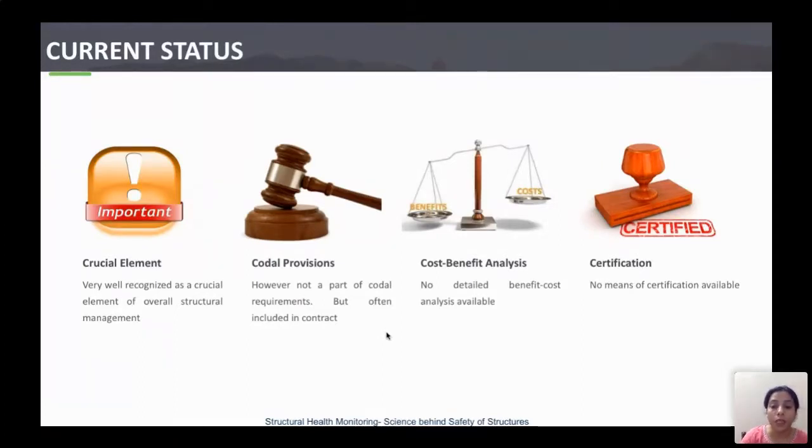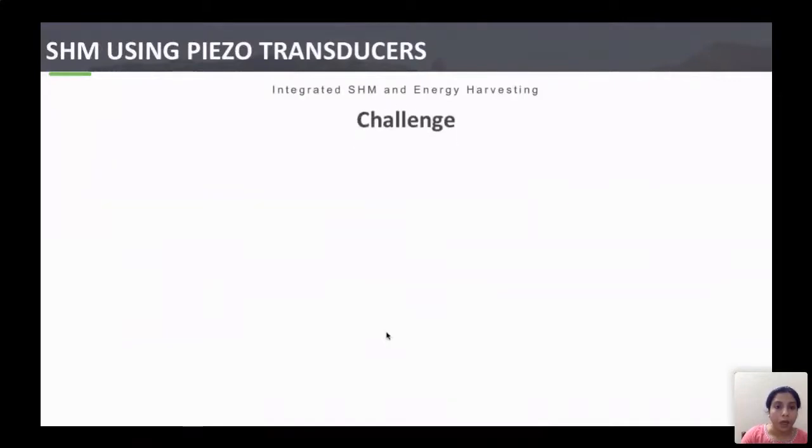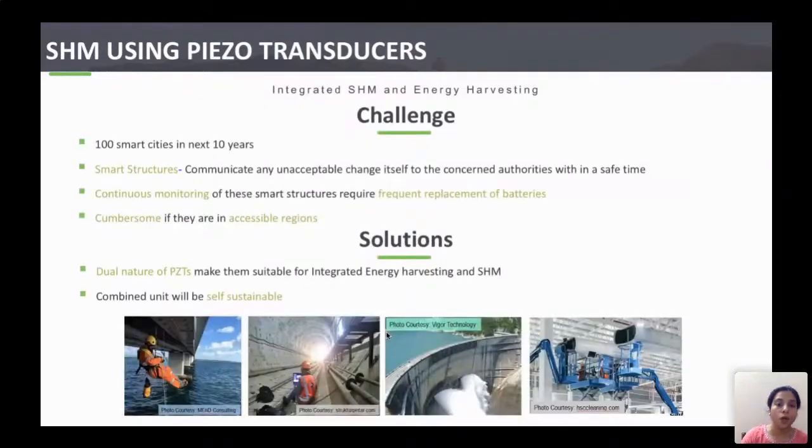No detailed cost-benefit analyses are available, which has restricted its use. And also, no certification is available for SHM currently. So till now we have covered different types of sensors, different SHM techniques, and its current status.